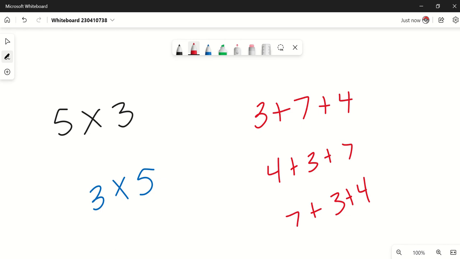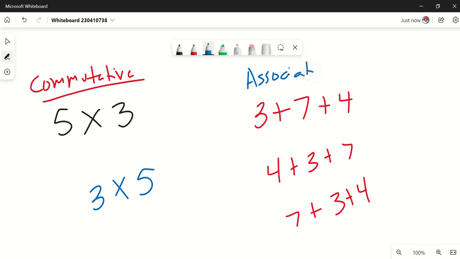This over here is highlighting the commutative property because we are using 2 numbers. This over here identifies the associative property. My handwriting is terrible on here.